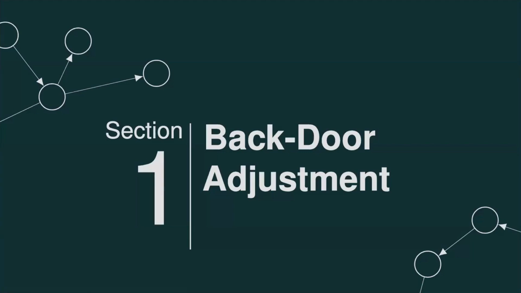So maybe let's start with the most well-known and maybe also one of the simplest adjustments we can do. Basically, our idea was that we were trying to get rid of this do operator, which we first introduced because it gives us all the nice properties, but then try to estimate the effects of this operator from a purely observational setting.